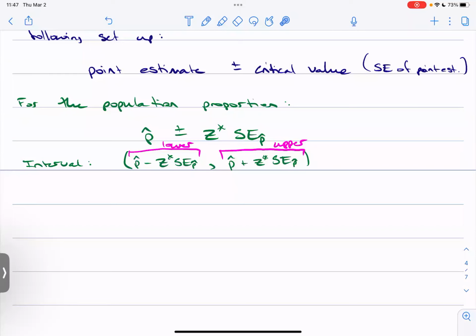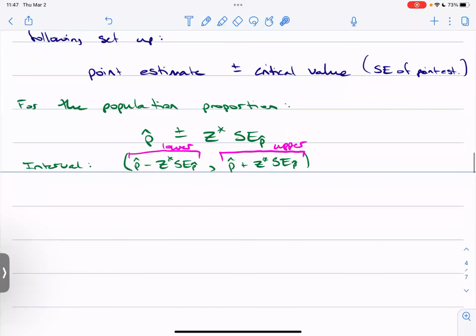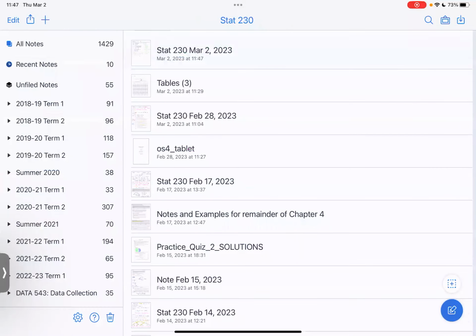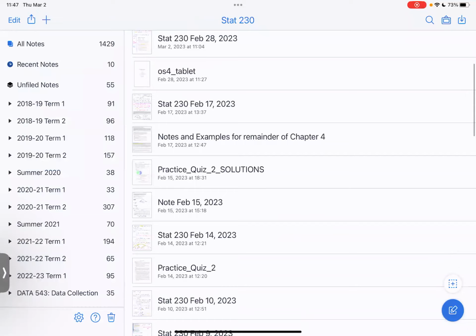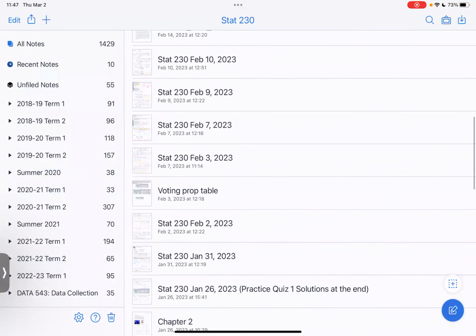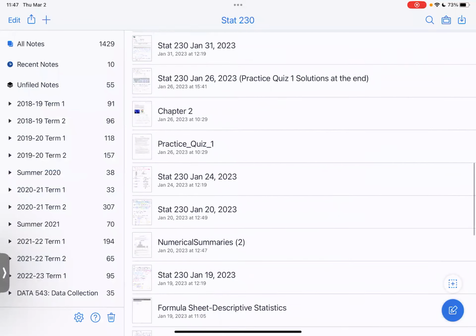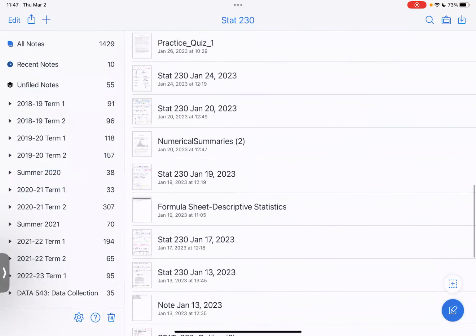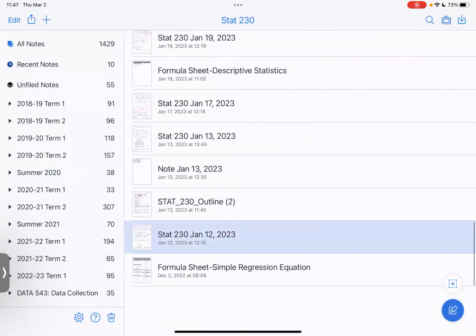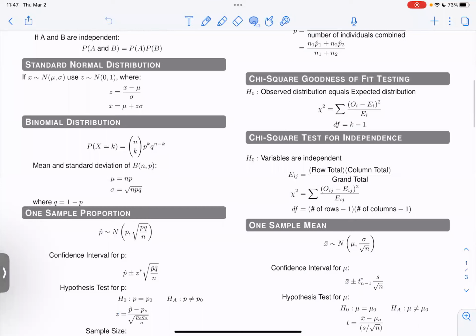Okay. So on your formula sheet, maybe it's time for the formula sheet. Where is it? That's old. Here. All right.